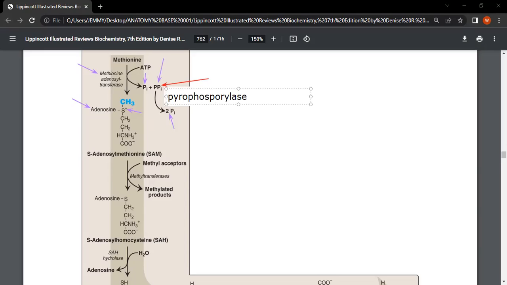After adding the adenosine group to methionine, you get your S-adenosyl methionine as you wanted.